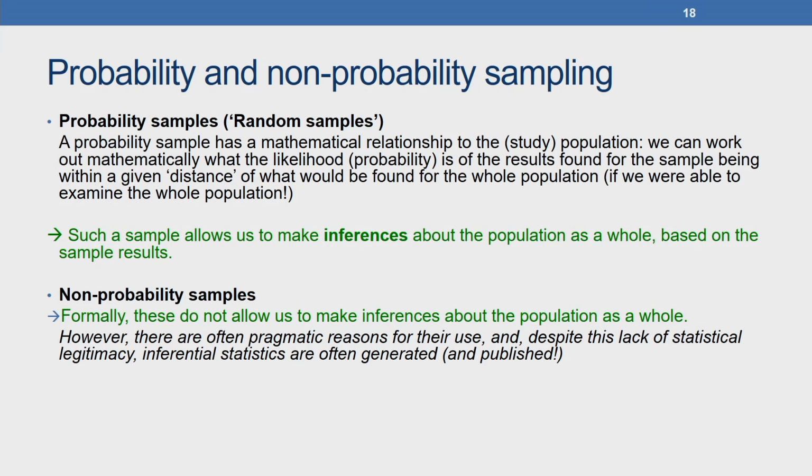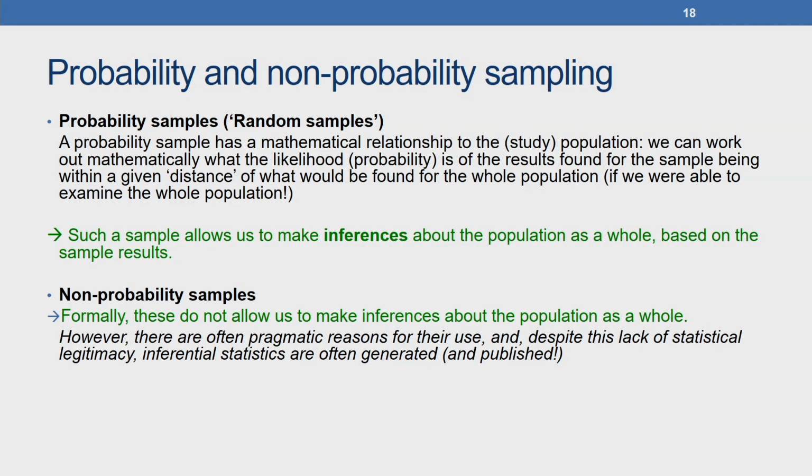It is important to bear in mind that sampling methods which do not make use of probability samples do not qualify to represent the entire population. So, we should exercise caution when we are coming up with our conclusions with regard to the population when we are following non-probability samples. There are often pragmatic reasons for using non-probability samples, but it lacks statistical legitimacy in the sense that we cannot represent much about the population.